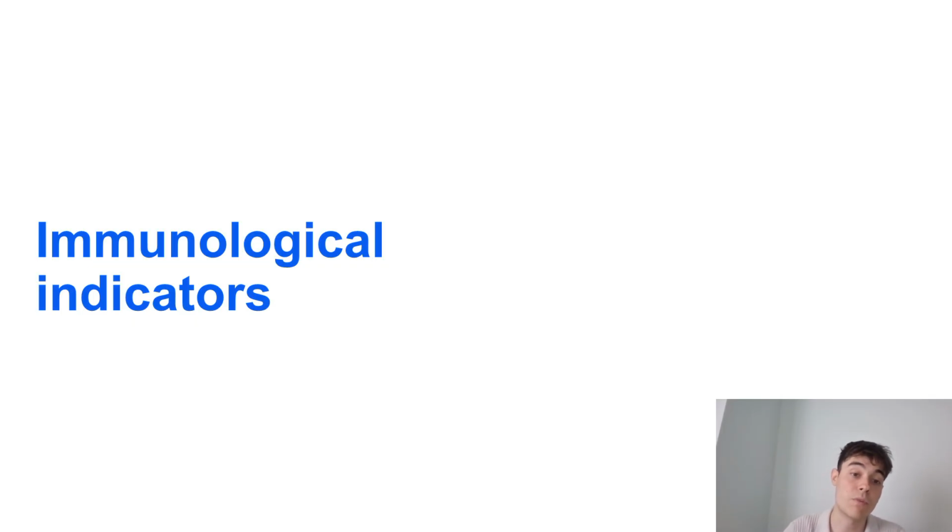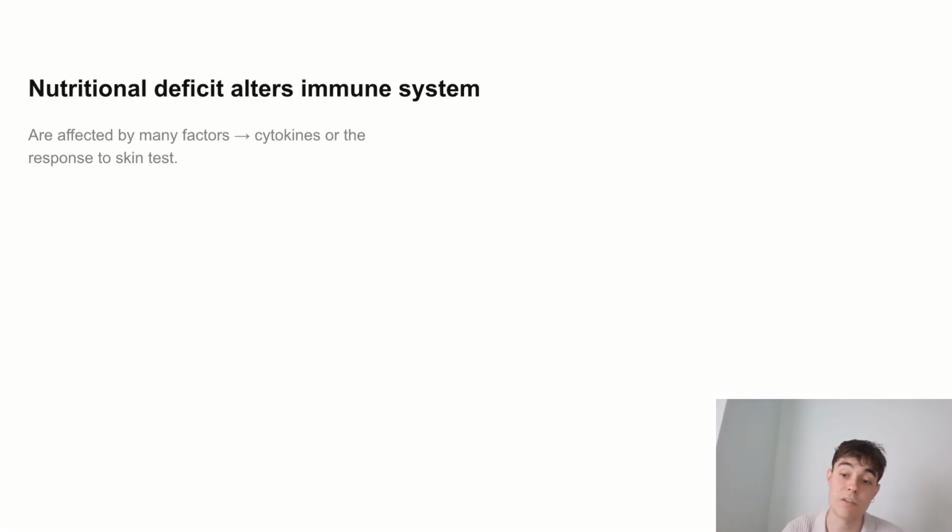Then talking about immunological indicators, we can see that there is a relationship between malnutrition and immunity and the immune system. Okay, if we have a bad nutritional status, it's more probable that we have deficiencies in our immune system. The immune system is affected by many factors.